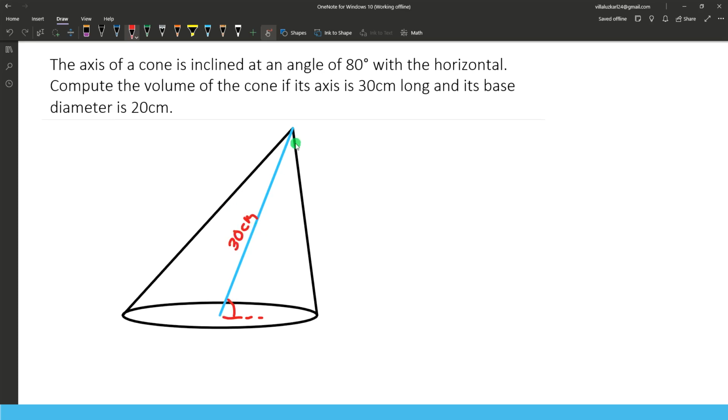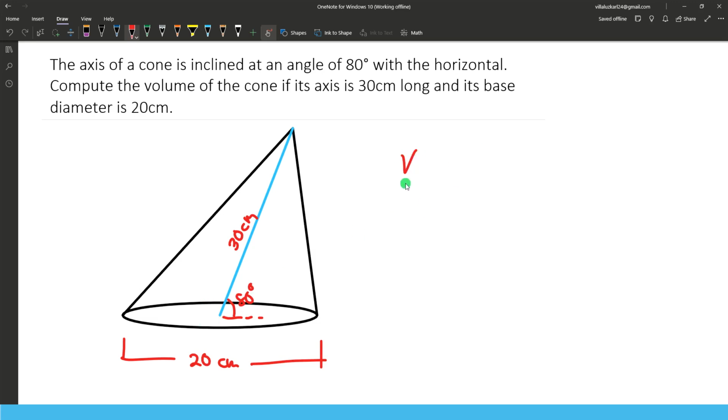This is the axis from the center to the vertex of the cone. Then we have a diameter of 20, and an angle of inclination of 80 degrees.